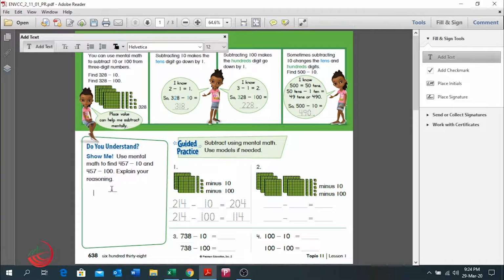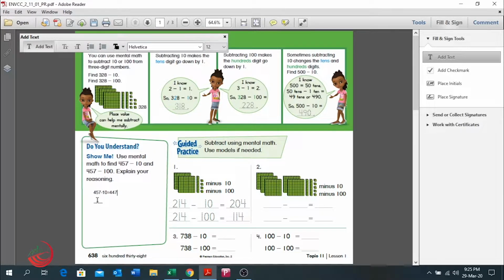So 457 minus 10 equals. We're going to subtract the tens digit, which is the 5. The 5, we're going to subtract it by 1. So 5 minus 1 equals 4.